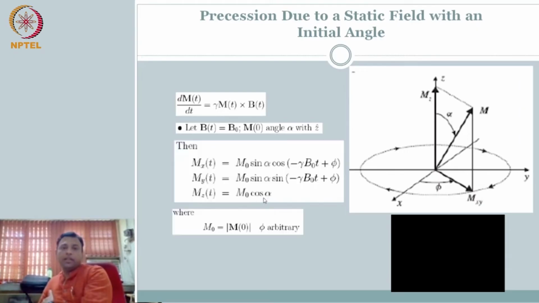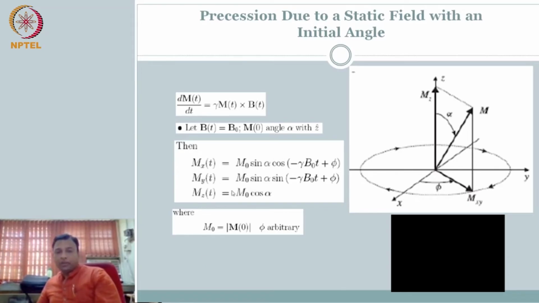So when you put this together, we can split the magnetization vector into different components. So you can have Mx of t, My of t and Mz of t, in terms of the variables that you see here. Of course, phi is your phase in the xy direction. So this is your magnetization vector split into each of the components.